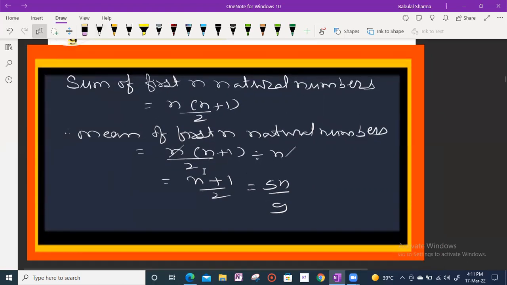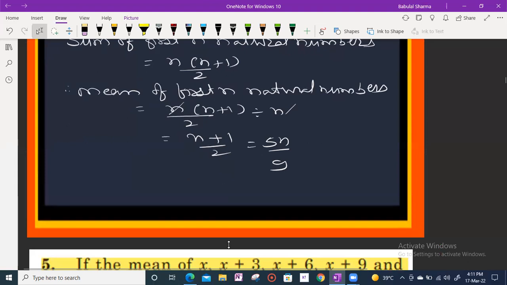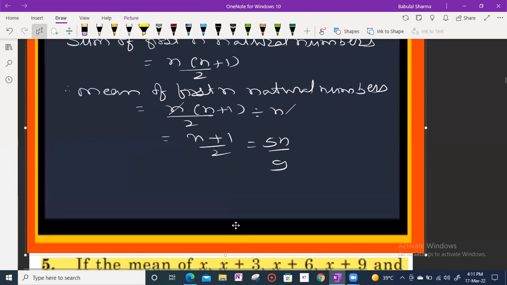On cross multiplication, we can further simplify. It gives us 9n plus 9, that is 10n.